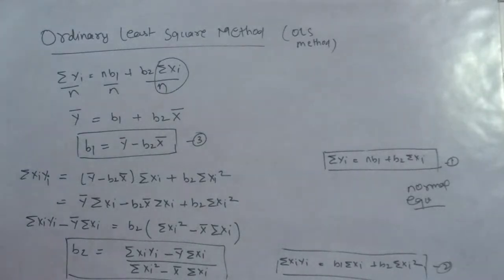What does the OLS method state? It states we have to find the values of b1 and b2 such that summation ei square is minimized. Okay.